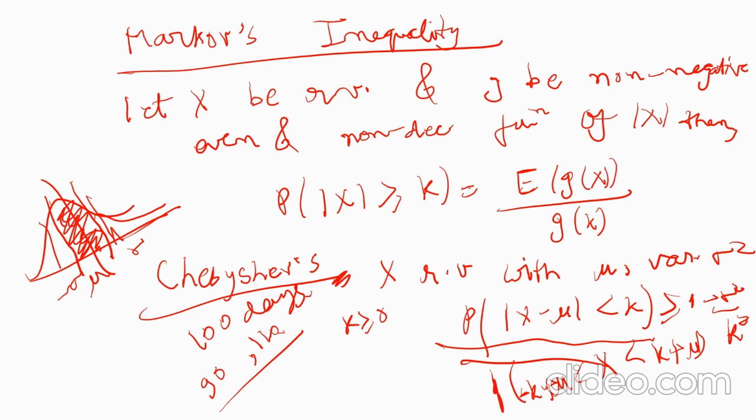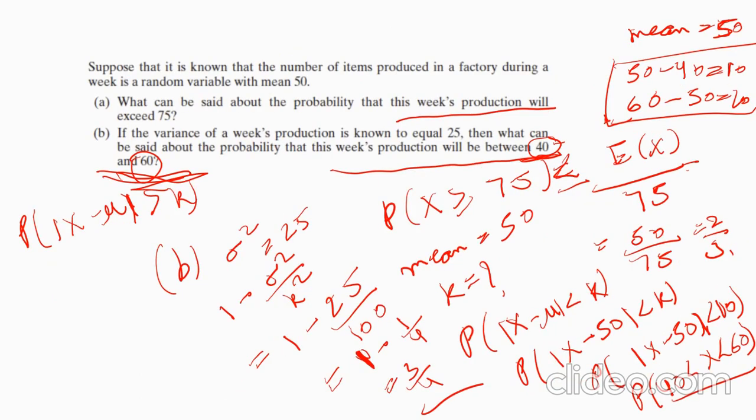So when you take greater than k, you subtract this from 1, right? Like when you have probability of x less than 1, you do 1 minus probability of x greater than 1. So in that condition, here you have probability of x minus mu less than k is greater than or equal to 1 minus sigma square by k square. Here you have probability x minus mu greater than k, then it will be less than sigma square by k square. Okay.